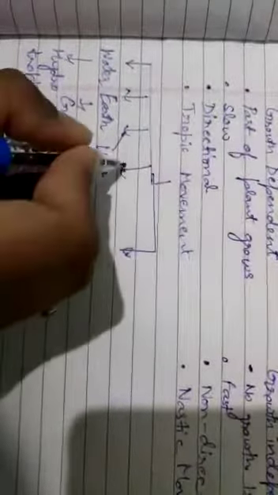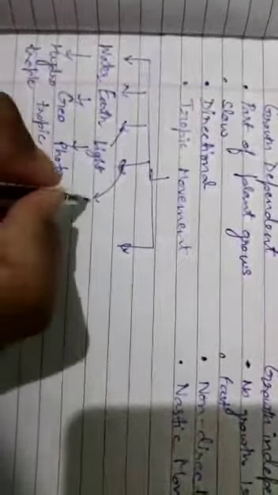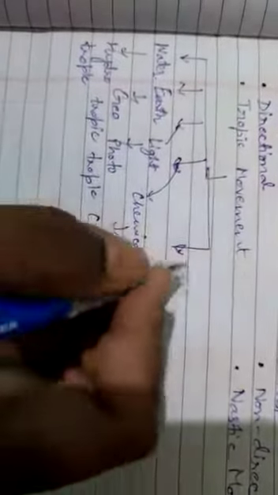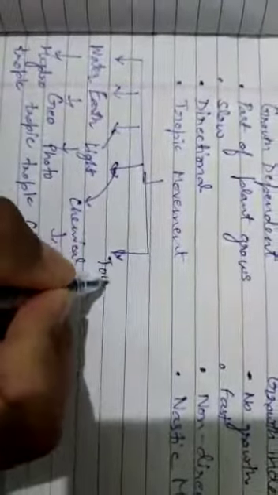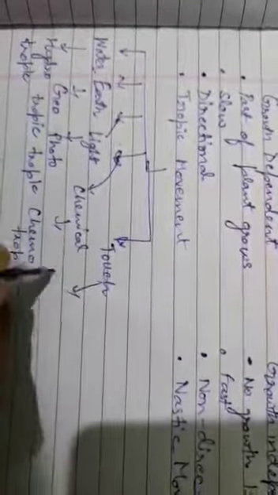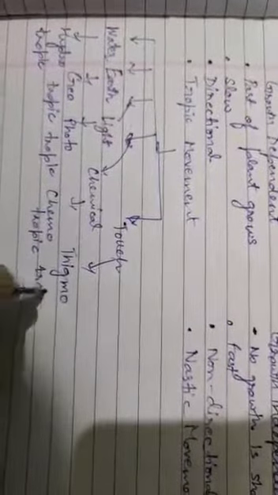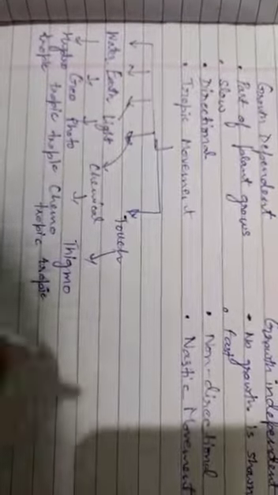If chemical is a stimulus, it is chemotropic movement. One more is touch: if touch is a stimulus, we say it is thigmotropic movement. So here you have seen 5 kinds of tropic movements.